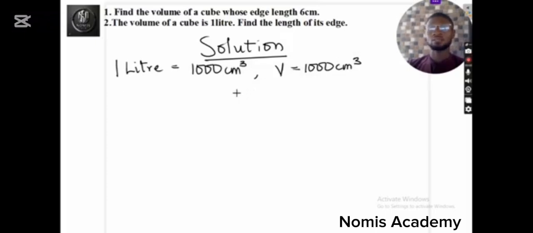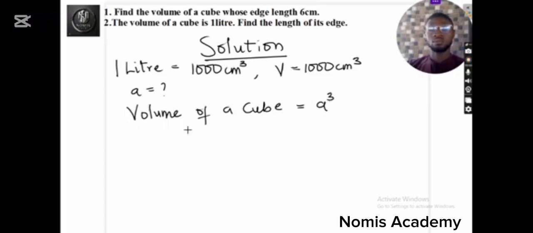Now we are asked of the length of its edge, which we do not know, which is a. So from here, we introduce our formula that says volume of a cube is equal to a cube.